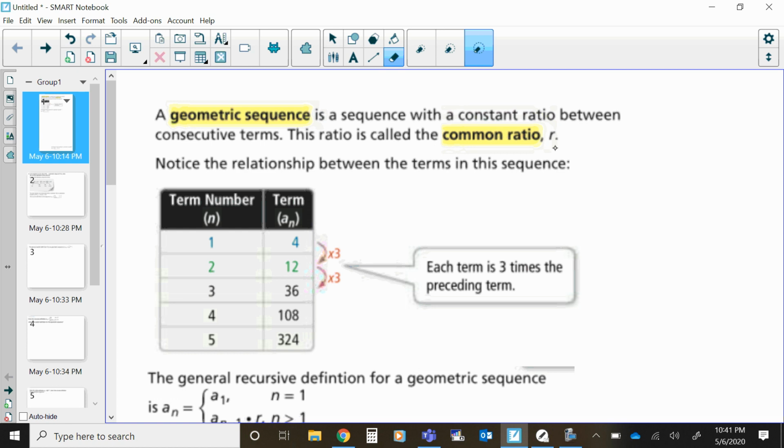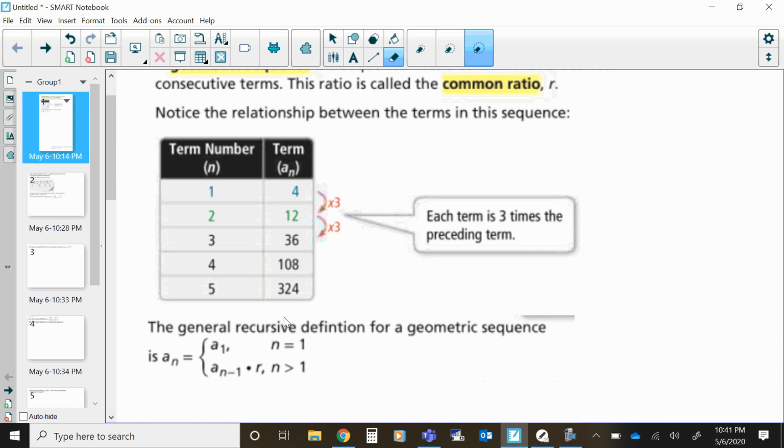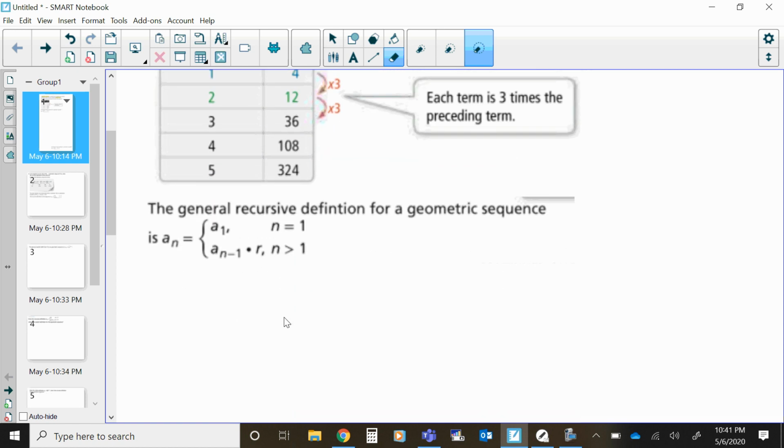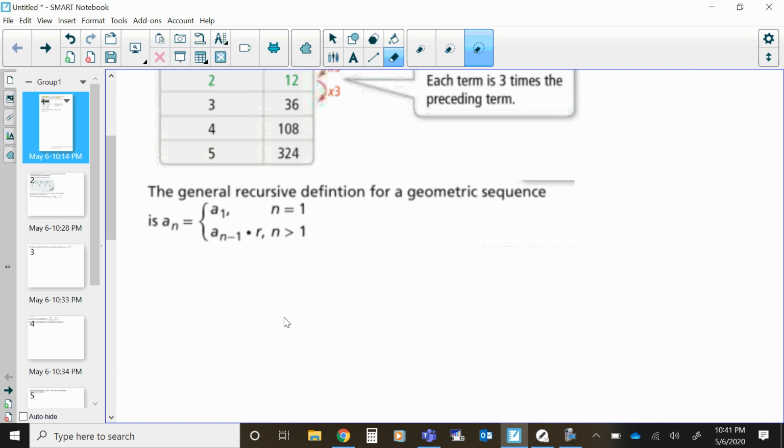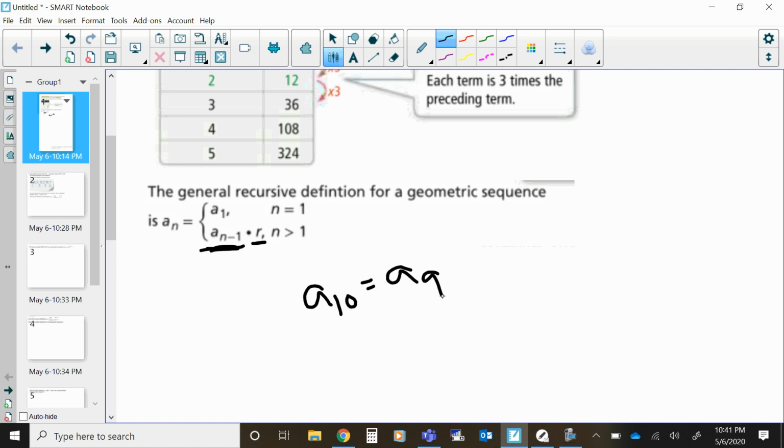So for the recursive, which means you're using the term in front of it, we talked about this when we did arithmetic. You have to know the one in front of it, which is nice, except if I'm trying to do the 100th, then I have to use the 99th. To find one, you use the one in front of it and you multiply it by the common ratio. So if I wanted to find A10, I would use the 9th term and multiply that by my common ratio.